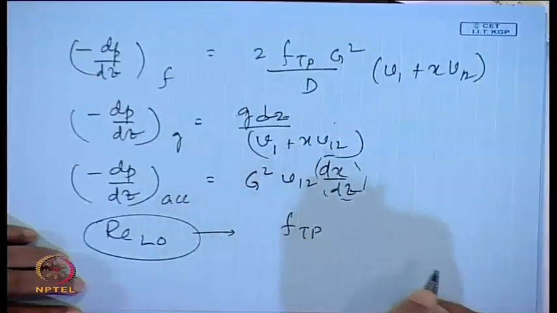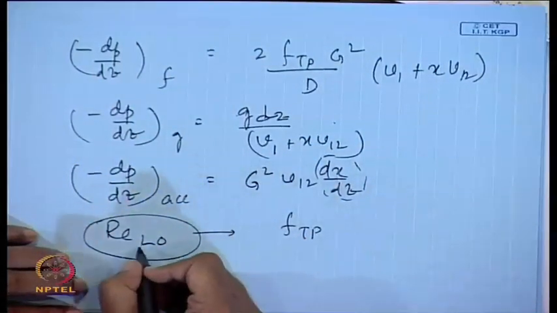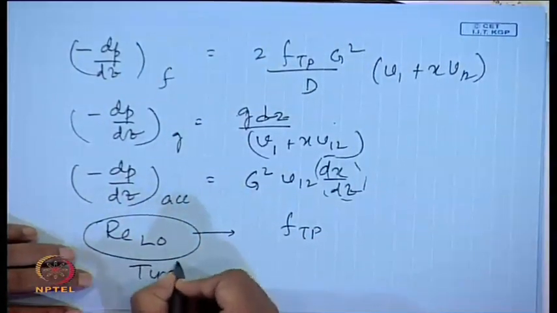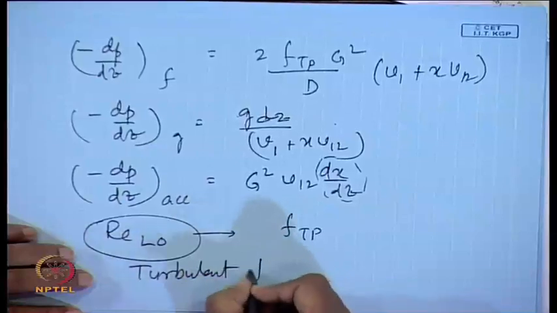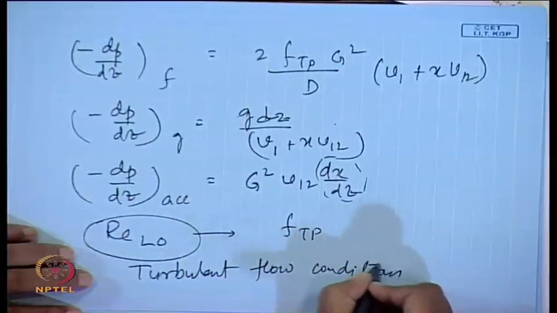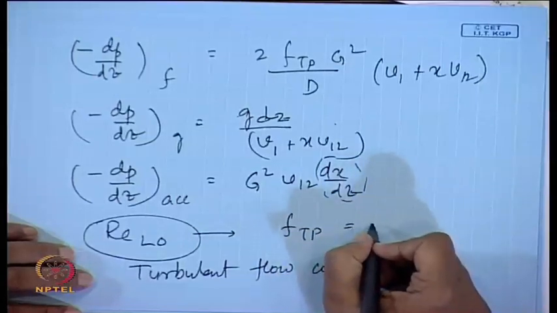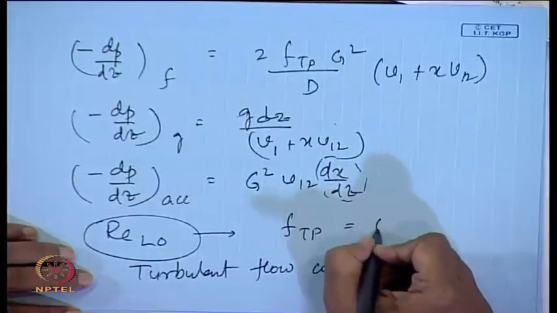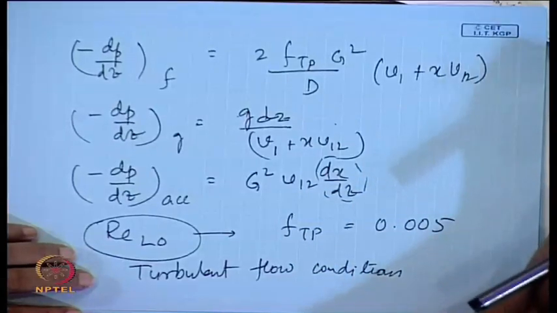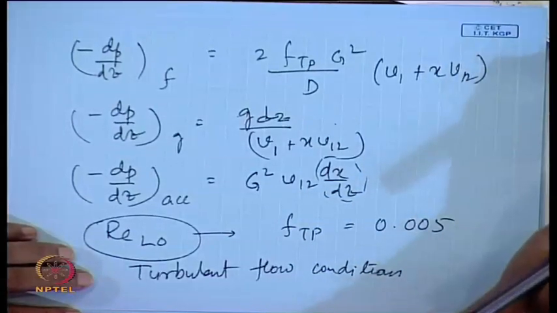and based on this Re LO we can find out the f TP. For the condition that I have given, your Re LO will lie under the turbulent flow conditions. When nothing is given, simply assume f TP to have a constant value of 0.005, just to make matters simpler for you. Agreed?